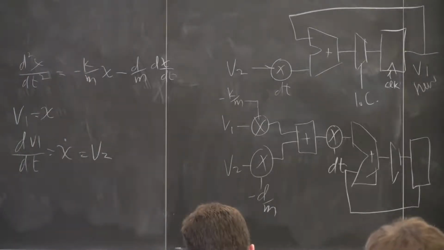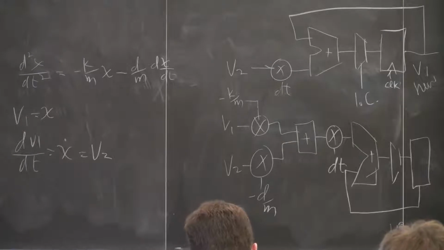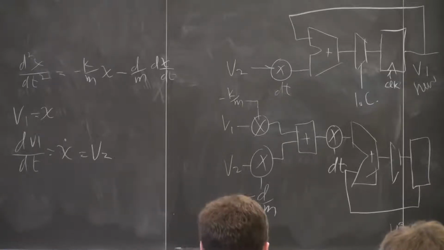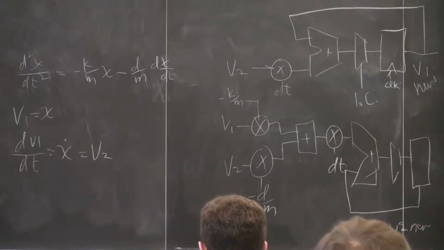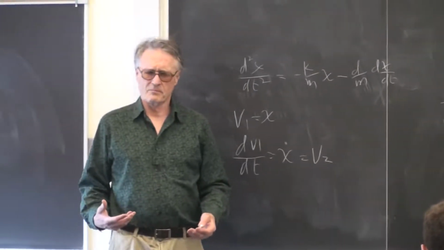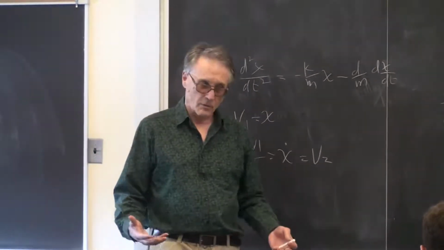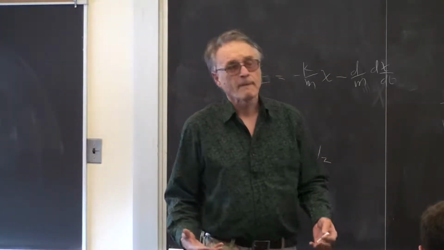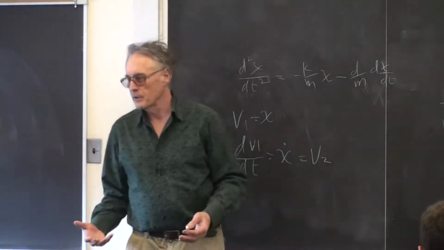And one thing that we haven't talked about then is how do you actually pick dt? Because we're using an Euler integrator, which is as low order an integrator as you can build, the accuracy is not very good.